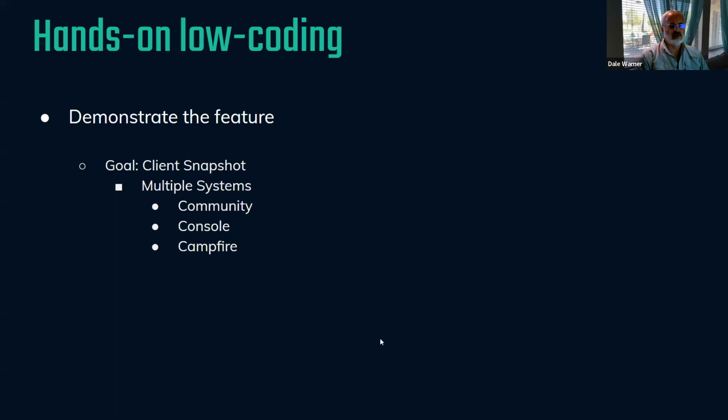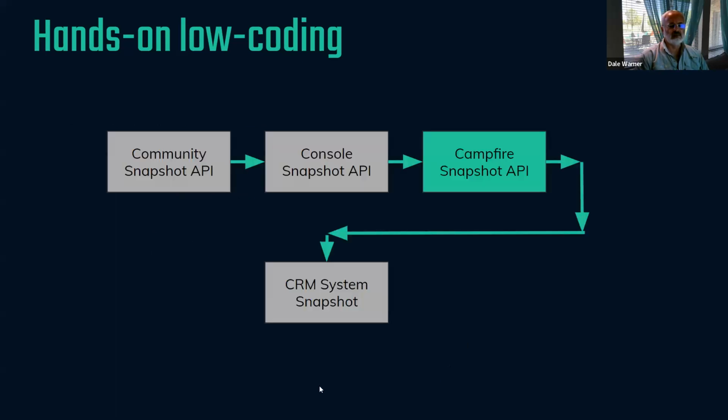And so what we're designing then, and what I already have in place, is that we have an API on our community website that will give us an answer, a snapshot of your participation or my participation in community. We've got the same kind of API endpoint that does the same thing on our console application.